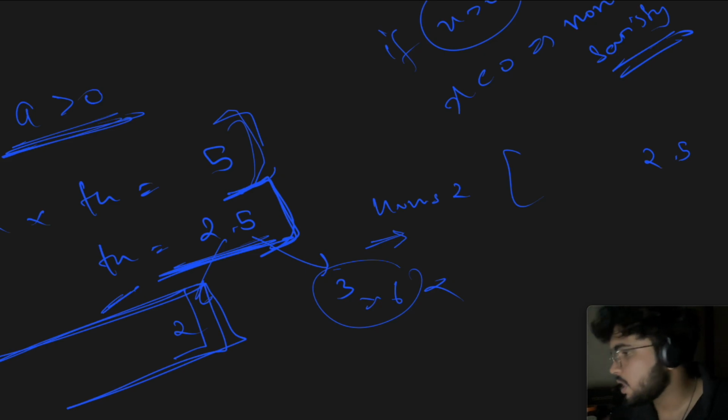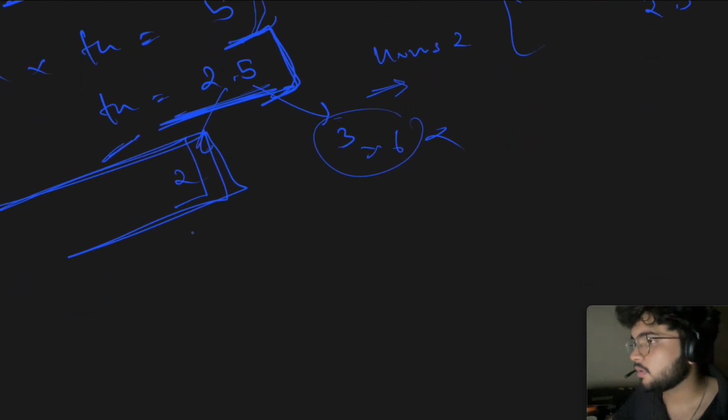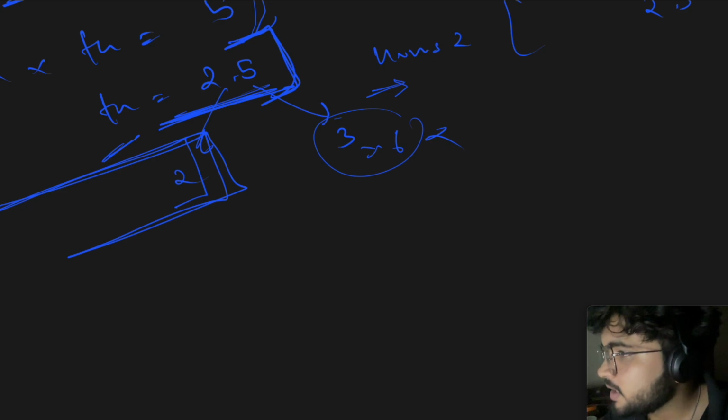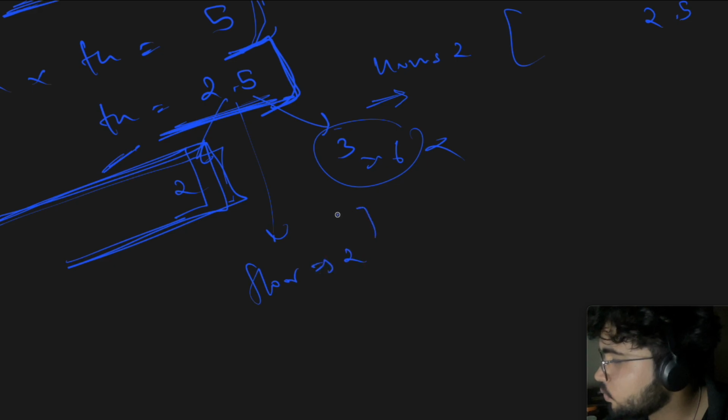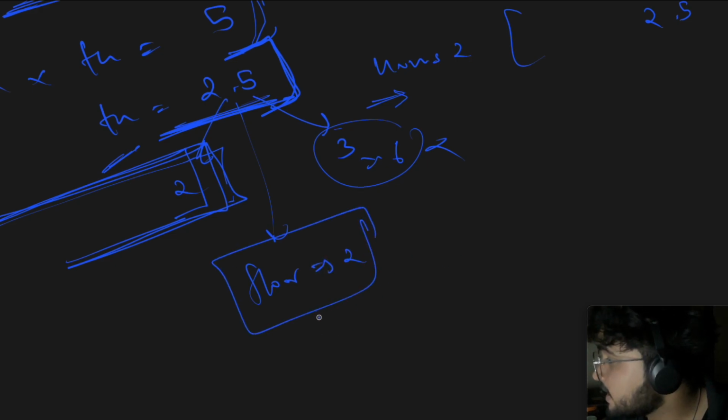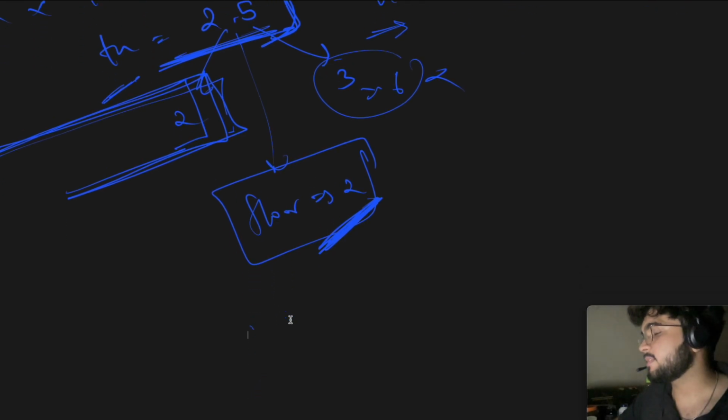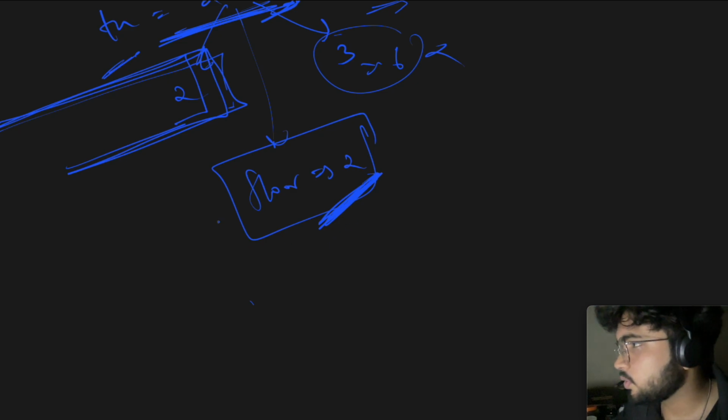Okay. How will we calculate this? The floor of 2.5 will be 2. We want all the elements which are less than or equal to 2. So can we find the first number which is greater than 2?